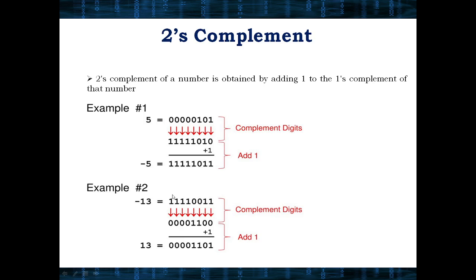Here we have to take the 2's complement of minus 13. So again you have to do a 2's complement: change this into 1's complement, so this will be the value, and add 1. This is nothing but plus 13.